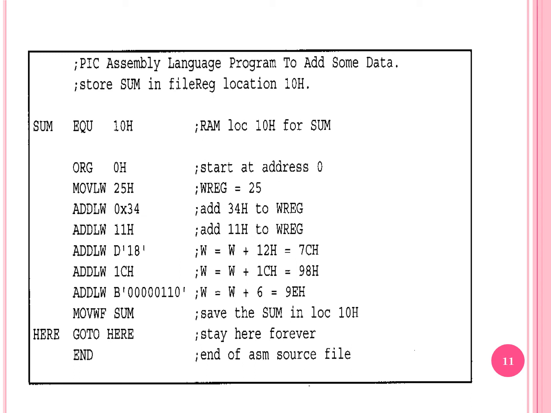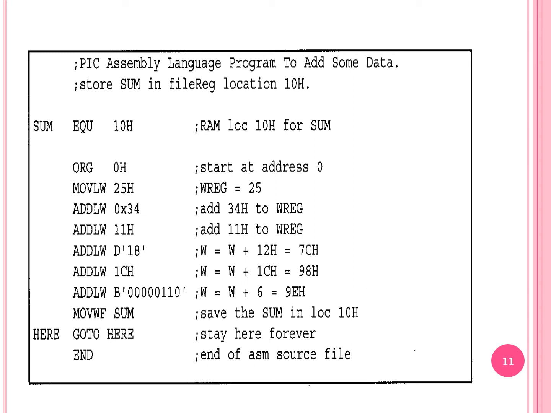Now the last one is stay here forever. That is, we want to tell the assembler to remain in the loop there itself. Therefore we are using GOTO here. In 8051 we used to write SJMP. So here it is GOTO. And then the last instruction is END. So this is the end of the ASM source.